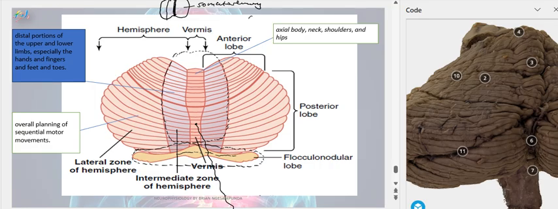So let's just represent here our cerebellum like that. They are sent to the cerebellum, of course, through the pontine into the cerebellum for processing, and the specific point of processing is actually the lateral zone of the hemisphere.